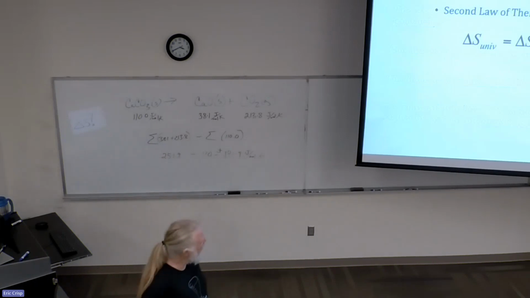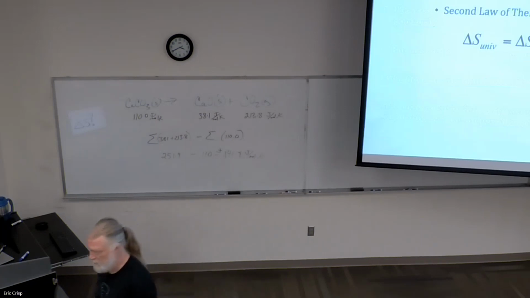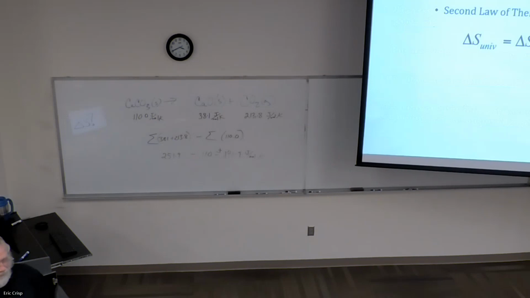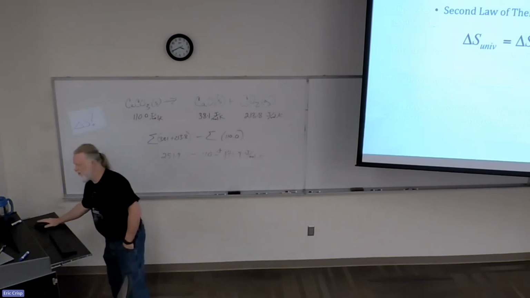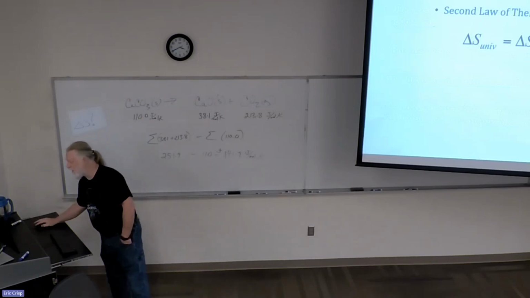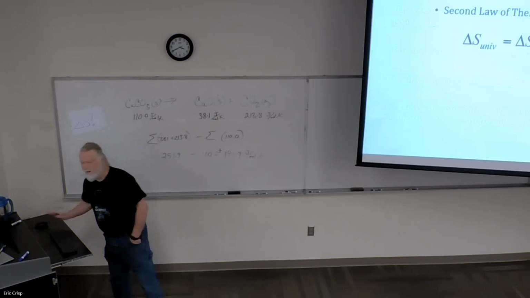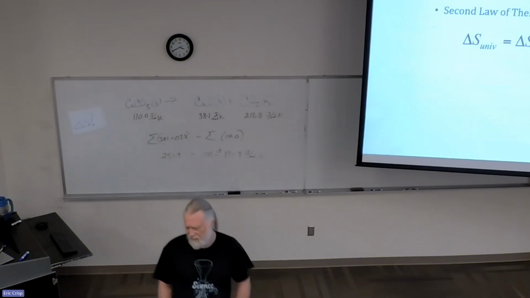So this is the second law reduced to an equation: the delta S of the universe is greater than zero. Technically, to be correct, it's probably better to say greater than or equal to. Make sense?